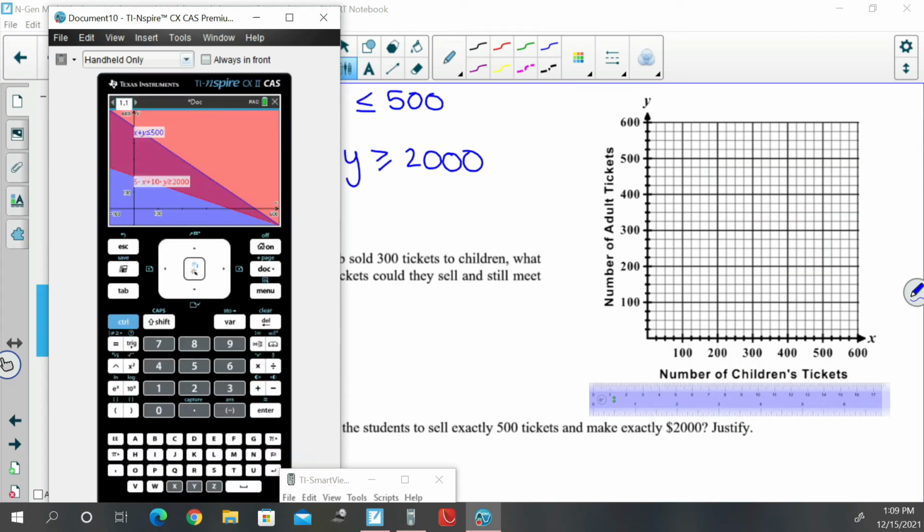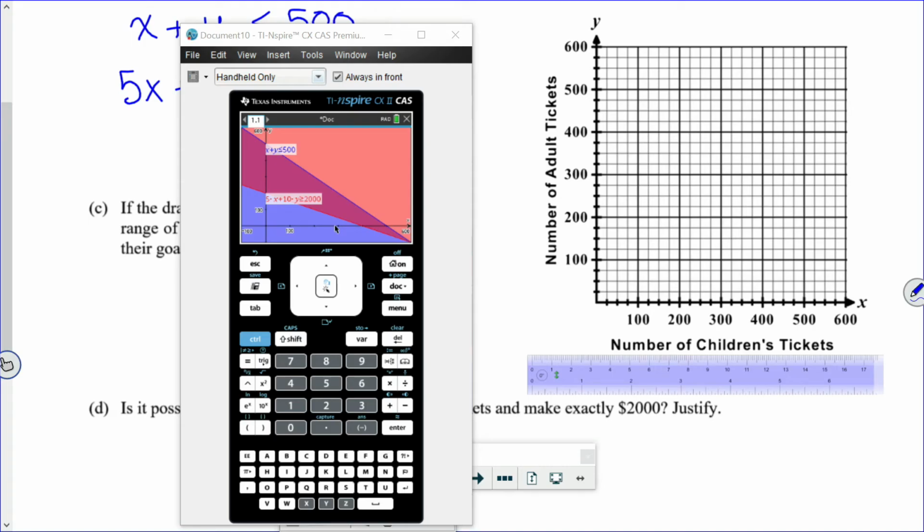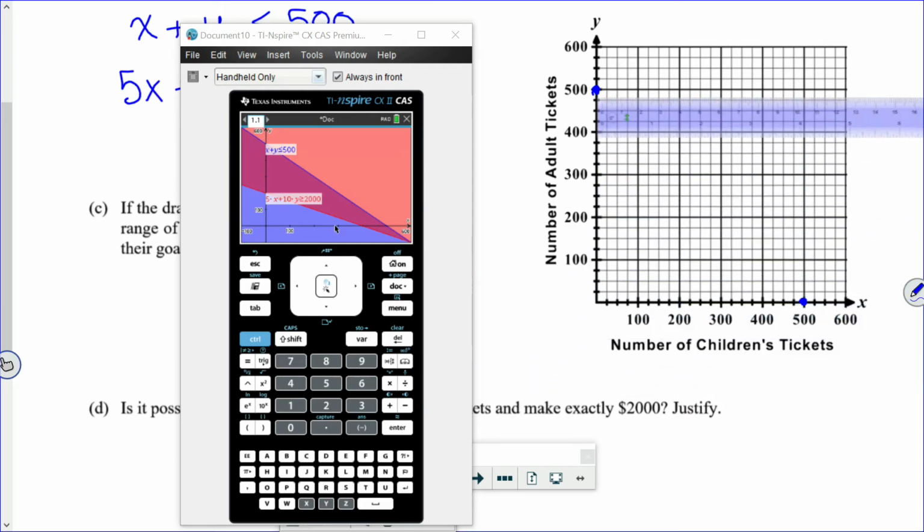So what I'm going to do now, a little bit tricky, is put this up on my handheld only, which is going to make it a little bit smaller for you. I apologize for that. View full screen. First thing I'm going to do is x plus y equals 500. One thing I can see about that is that it's got a y-intercept at 500 and an x-intercept at 500, and that makes all the sense in the world because the most adult tickets I could sell would be 500 and the most kids' tickets I could sell would be 500, and so I get this line. Now it's a less than or equal to.